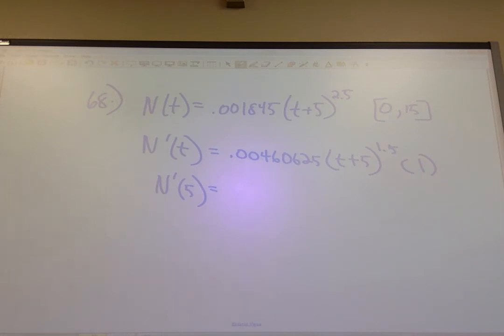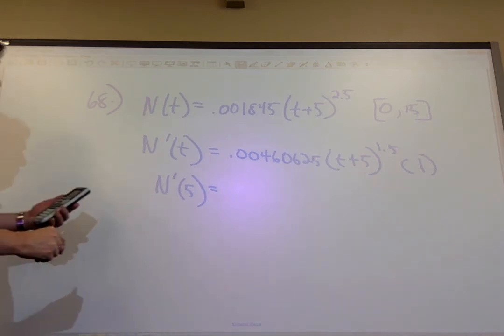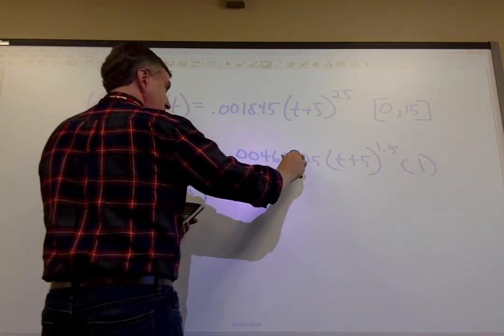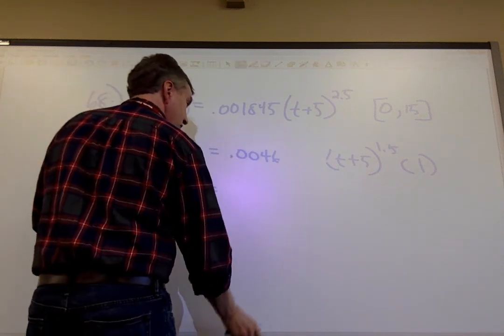Let me do that on mine while you do it on yours. I'm not getting the same decimal number. 0.001845 times 2.5. 0.046125. That's what I'm reading. Is that right?